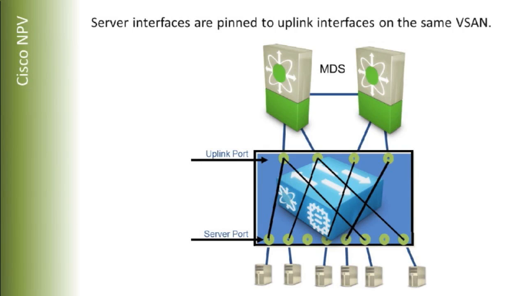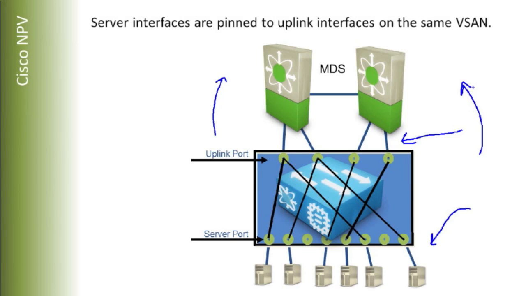This N-port virtualization is going to allow, once again, for server links to be pinned to particular uplinks to the fabric switches, to the MDS switches that live off of those uplink ports. Very cool.